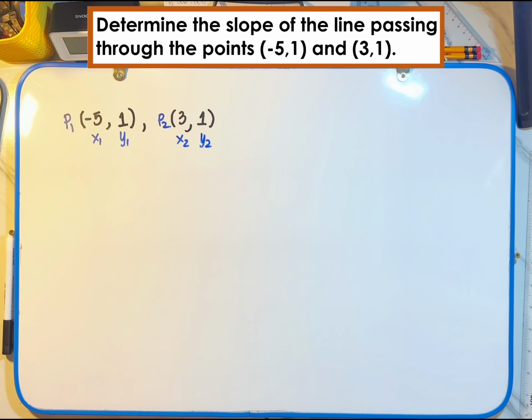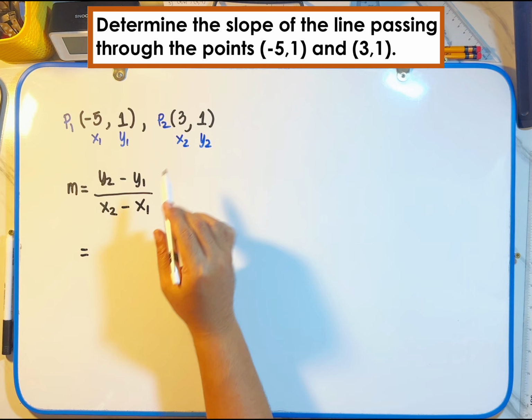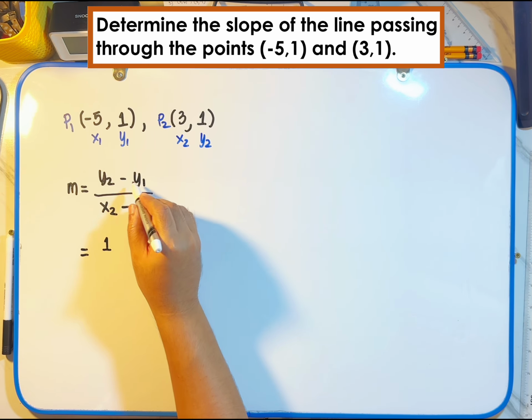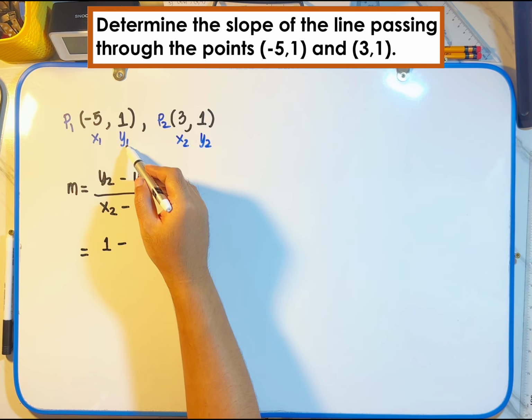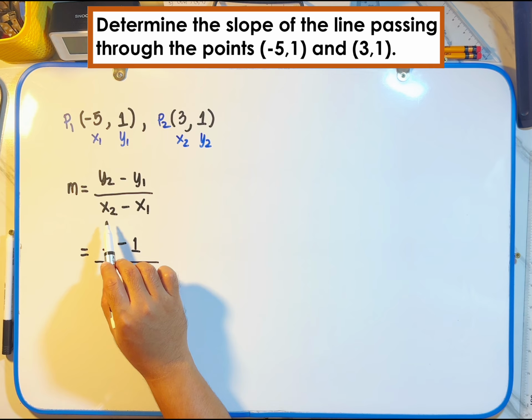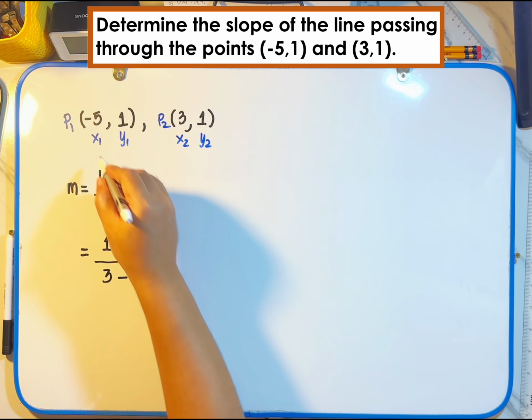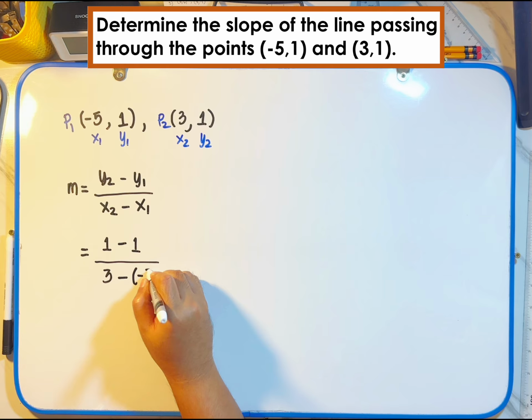Next, let us write down the slope formula. y2 minus y1 divided by x2 minus x1. y2 is 1 minus y1. Our y1 is 1, divided by x2 is 3 minus x1, which is negative 5.